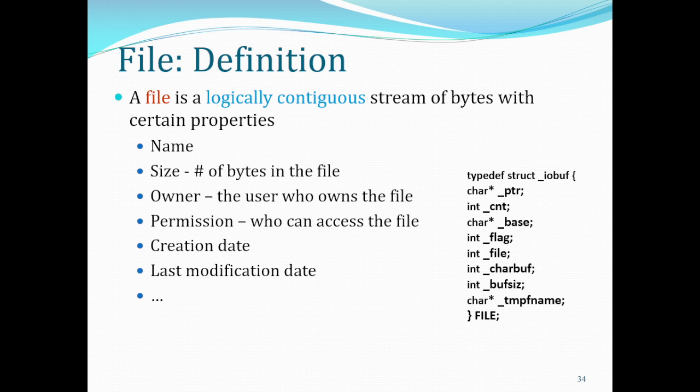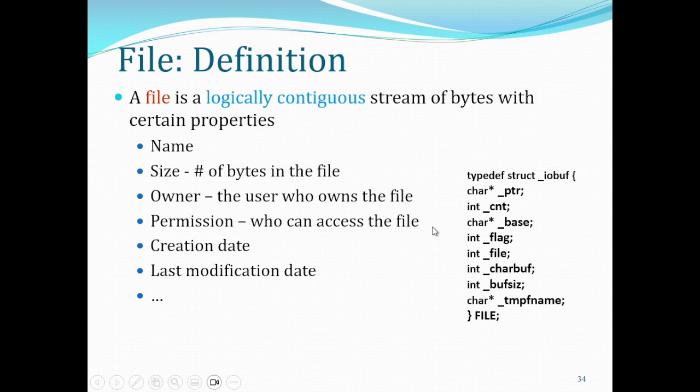So what we know about a file: we know the name, size, owner, permissions, when it was created, and the last modification date, right? With a file structure in C, we are basically holding the file pointer or handler, the size, and a file name.